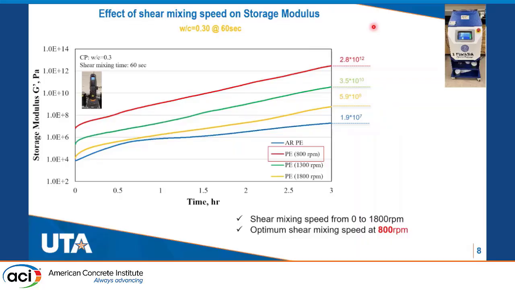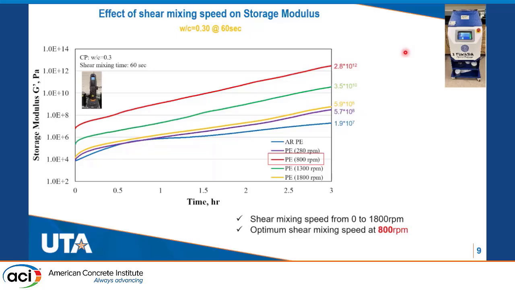Next, we evaluated the storage modulus evolution at different speeds. 800 rounds per minute is the lowest setting we have in the shear mixer that we used in this study. Increasing the mixing speed up to 13 or 18 rounds per minute was shown to reduce the storage modulus due to fiber breakage.